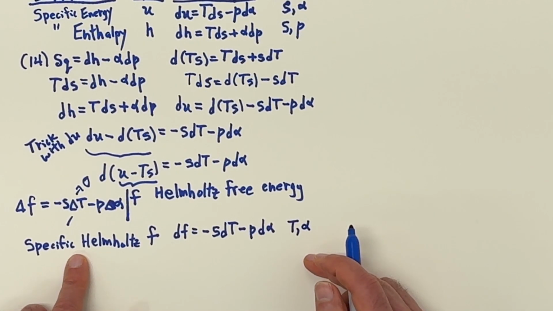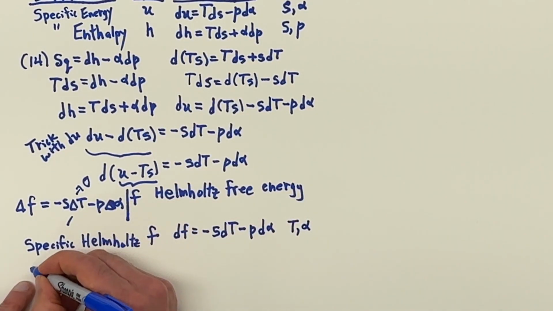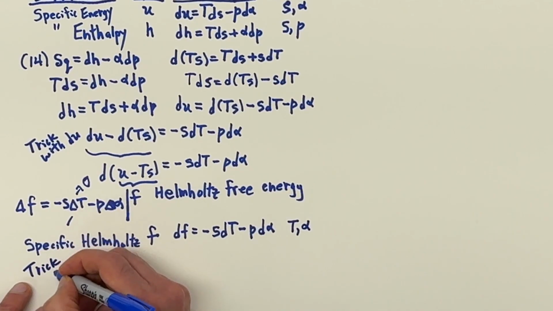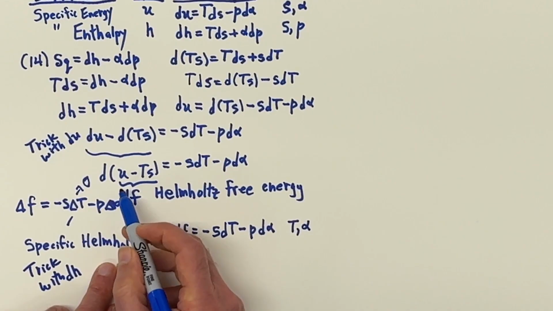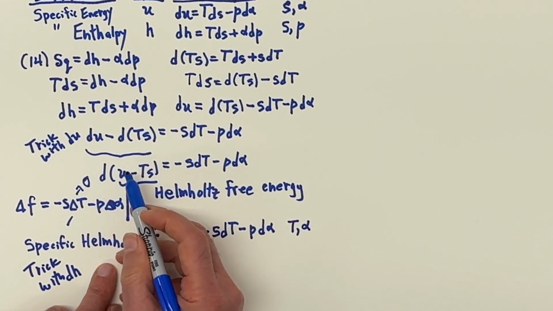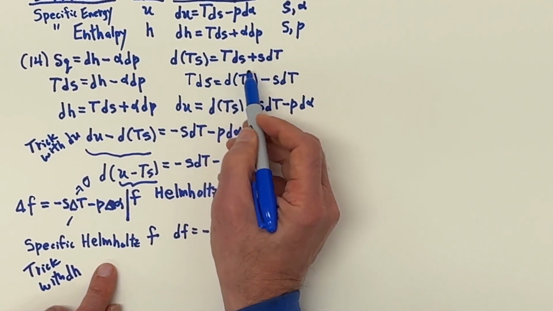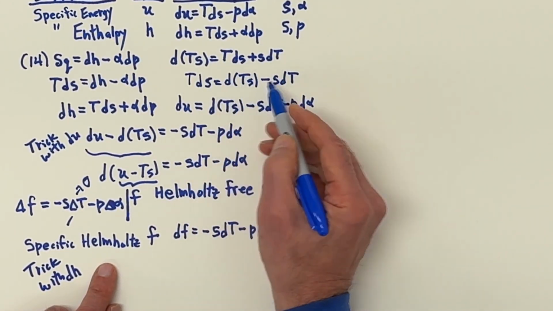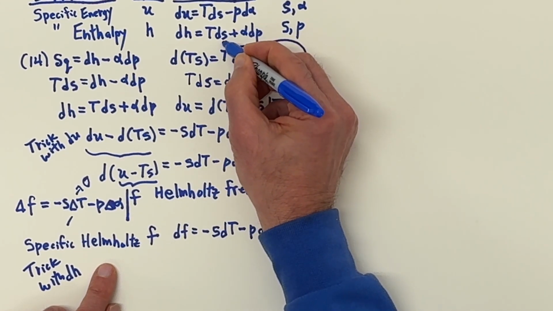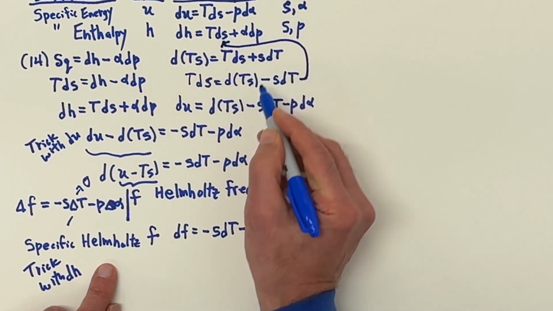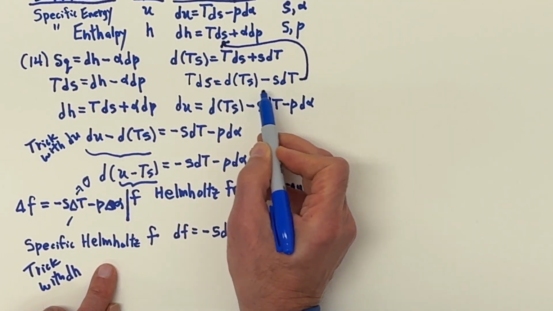Now we want to do the same trick for dH. What we did before is we substituted for the TdS, this here, so this is going to go into here, since we have TdS and we want to replace it with this.